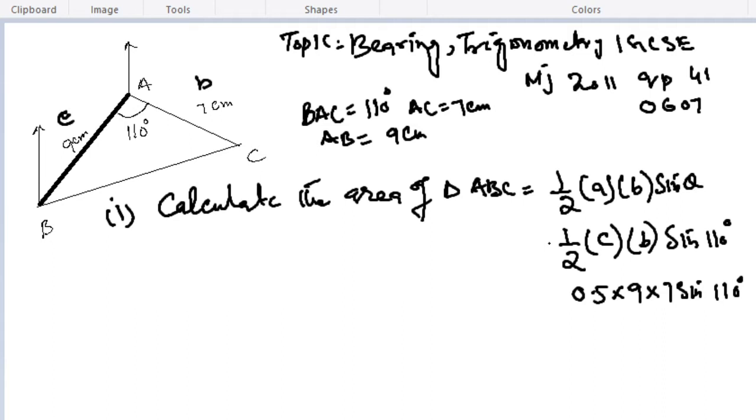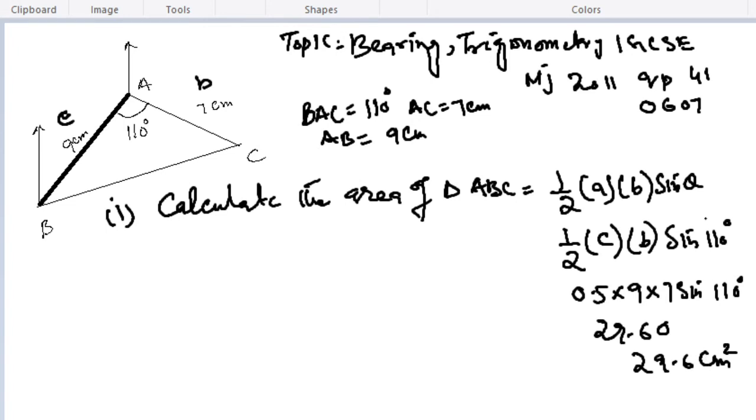Please always check the unit in your calculator. Sometimes it's radians; we don't need radians, we need degrees, so it should be in degrees. So now the result will be equal to 29.60, so you can say 29.6 centimeters square. That's the first part.